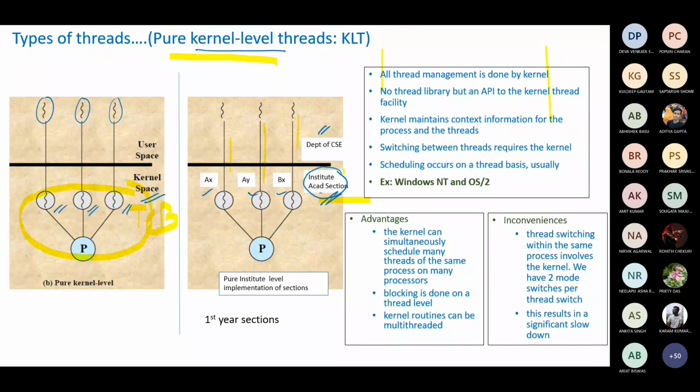If I have the KLT option, will it be able to exploit them? It can, because the kernel knows that there are multiple threads, and you can write a scheduler which will schedule these threads. Here also, you can write a scheduler which will schedule these threads.